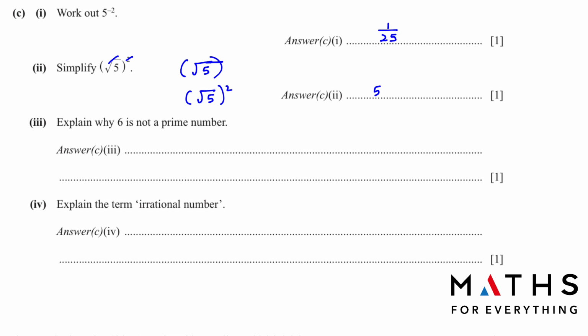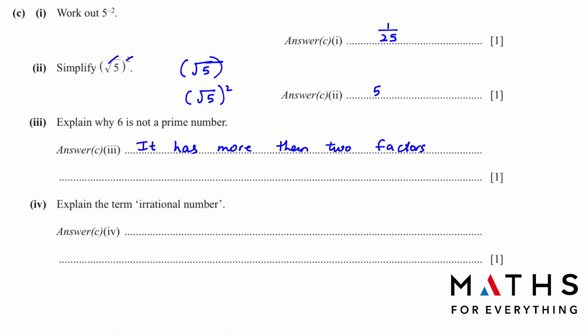Explain why 6 is not a prime number. Because it has more than 2 factors. A prime number will have only 2 factors, one itself and one 1. Explain the term irrational number.